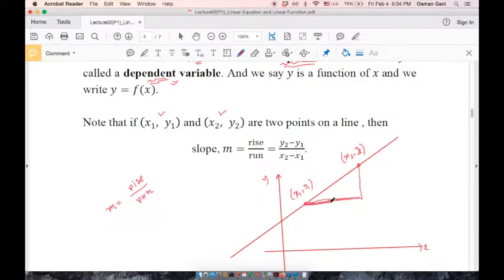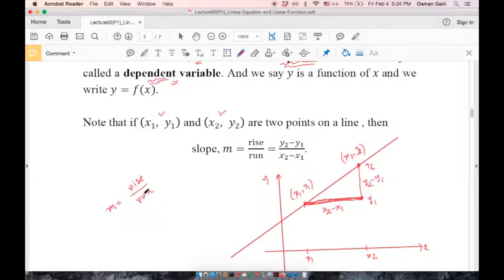The change in x is the run, because at this point x equals x2 and at this point x equals x1. So this change in x will be x2 minus x1, and at this point y means y2 and at this point y means y1. So the change in y will be y2 minus y1.